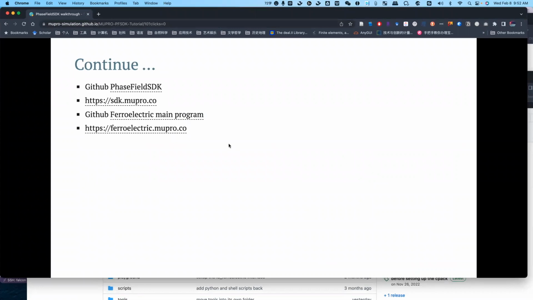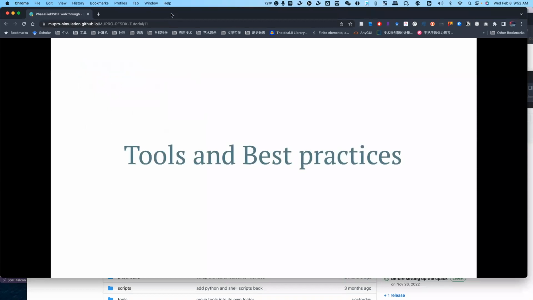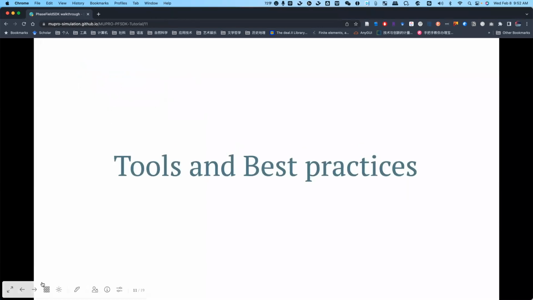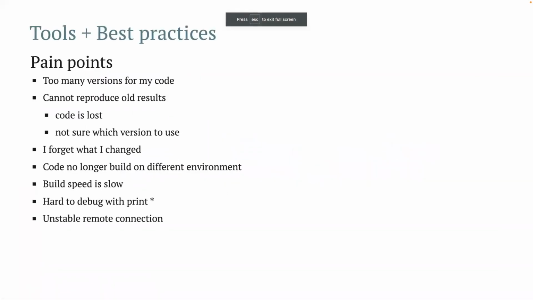And then a quick share of some of my experience in code development. Personally, I met some pain points in software development. Usually I have too many versions of my code, the build speed is slow, and if I change computer, the building will just fail.